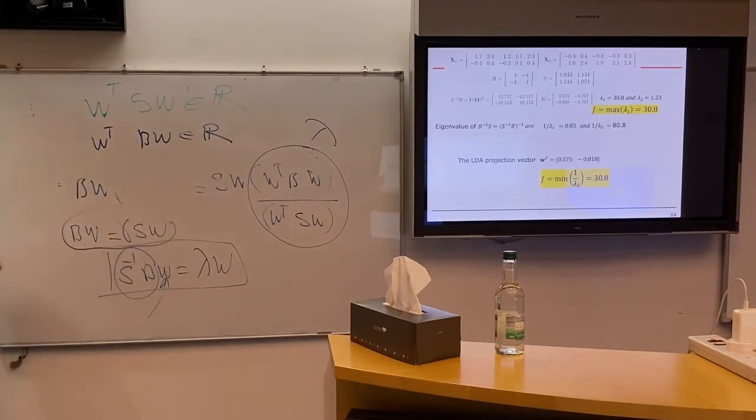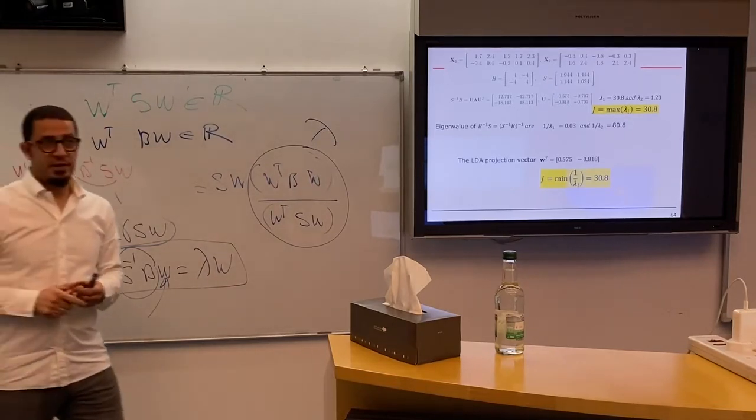I choose to do S minus 1, but can you do a different way? Can I multiply both sides by B minus 1? What will W equal to here, please? So what does it mean? W is the eigenvector for B minus 1 S. Clear?